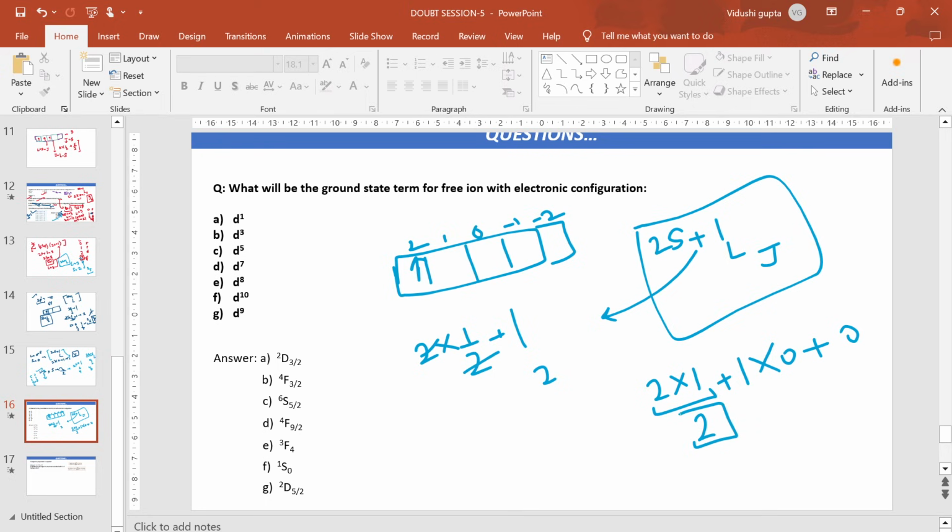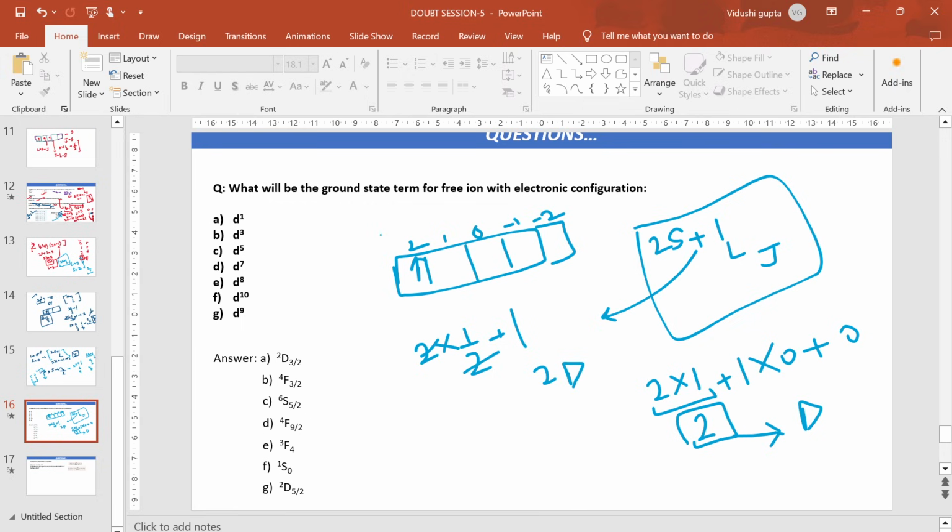Now for L equal to 2, what is the value? S, P, D, F correspond to 0, 1, 2, so it will be D. So 2D. Now what will be J?